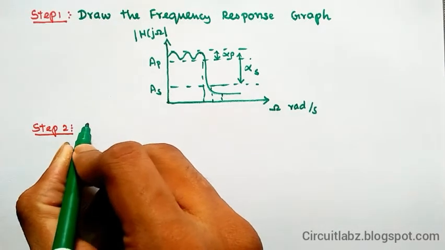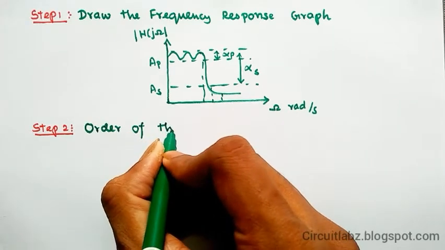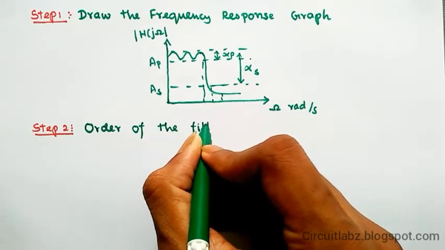In step 2, what we are going to do is find the order of the filter, which is denoted by n.